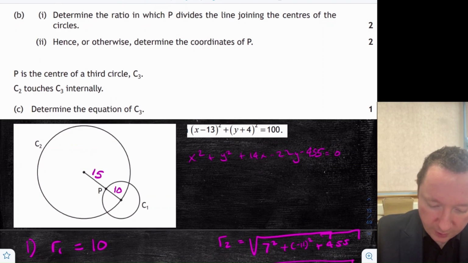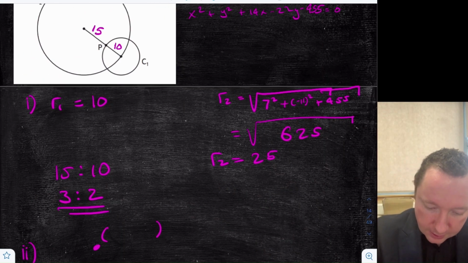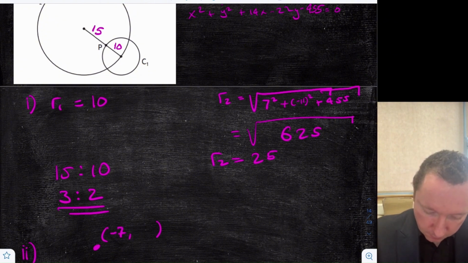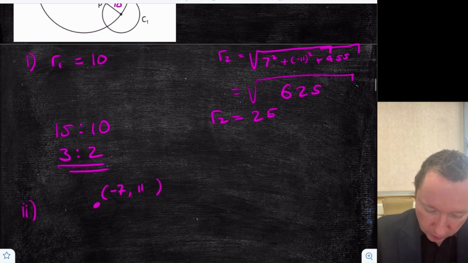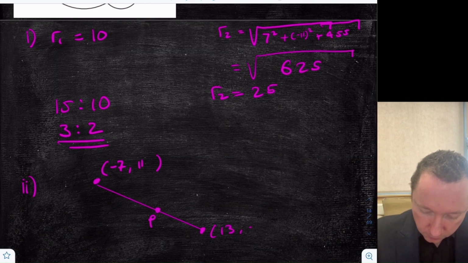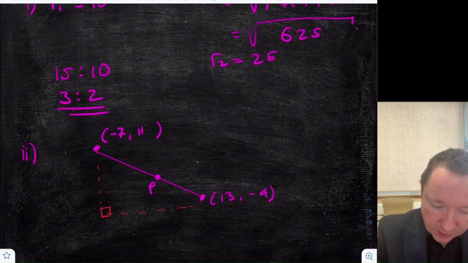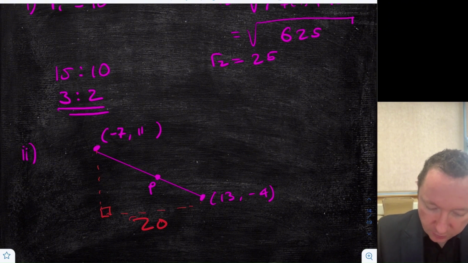So the centre of our first circle is minus 7, 11. And then join another line. I'll draw a right angle triangle here. We know that the distance here must be 13 minus minus 7, which is 20. And we know that the distance up this side is 11 minus 4, which is 15. And P is 3/5 of the way along.